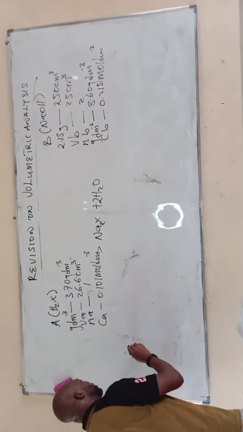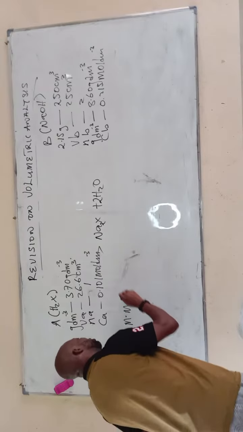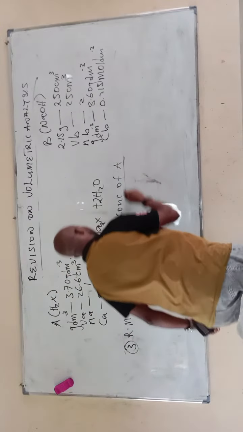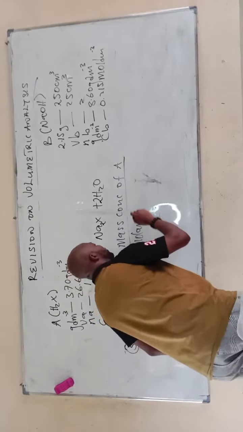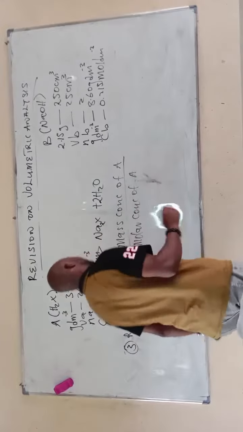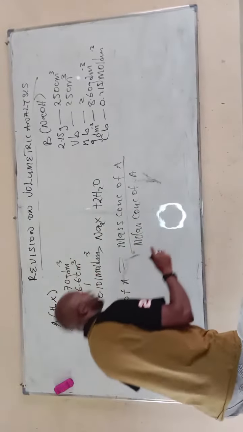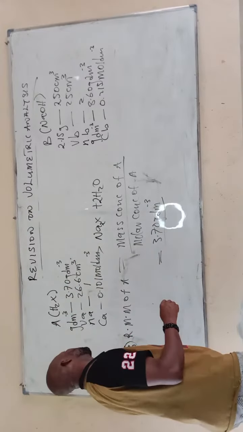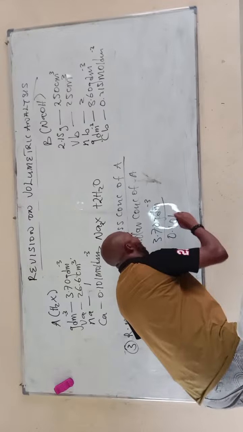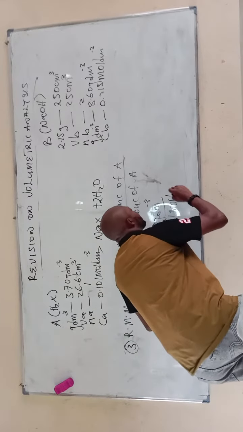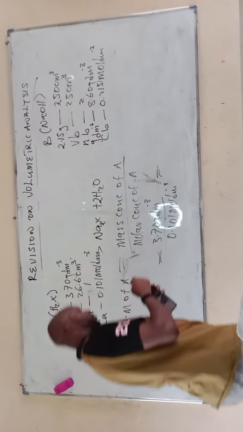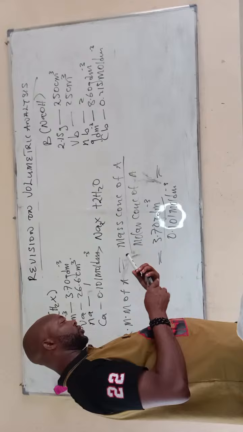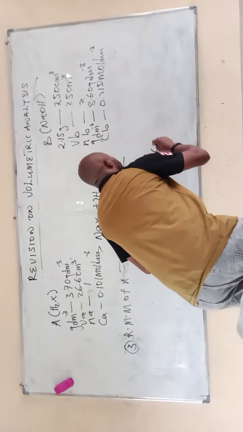Now, the third question says the relative molecular mass of A is the mass concentration of A over the molar concentration of A. The mass concentration of A is given to be 3.70 g/dm³, over the molar concentration of the acid, which is 0.101 mole per dm³. This equals 3.7 divided by 0.101, which is 36.6.